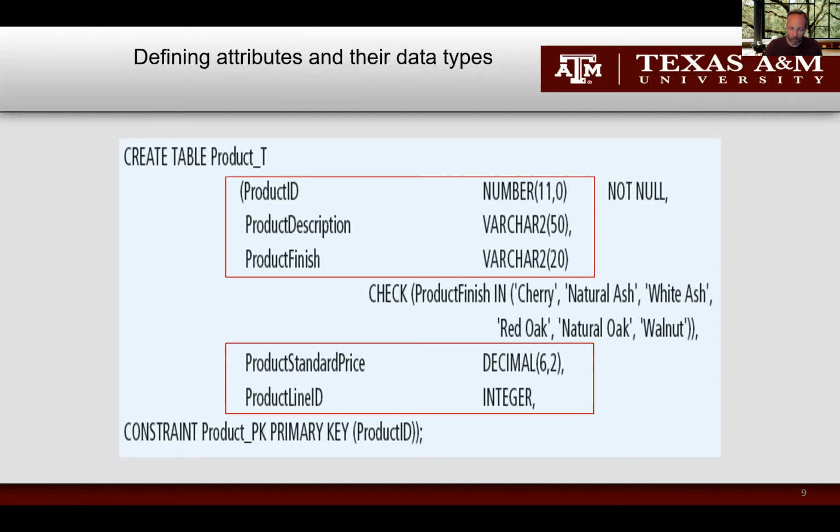So this is a furniture company, obviously, and the product finish has to be one of these wood types. So this is an additional constraint that we're adding for the product finish called a check, where you have to enter one of these different values. So I would kind of think about this as you're filling out a form and you have a little drop down for product finish, and you can only choose one of these 6 types of wood for the product finish. It has to be one of those 6 things, which is kind of cool.